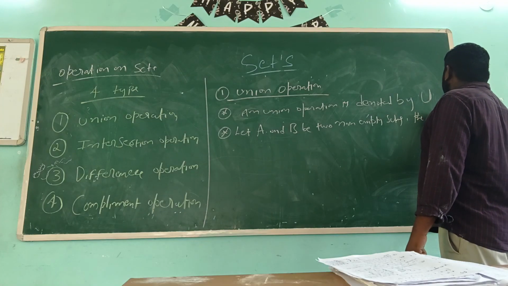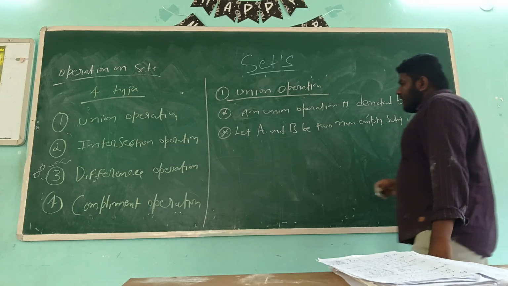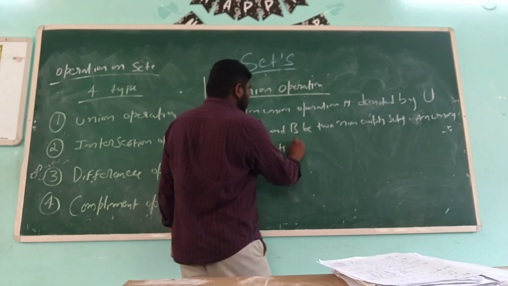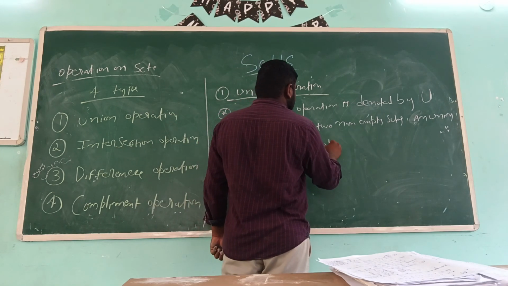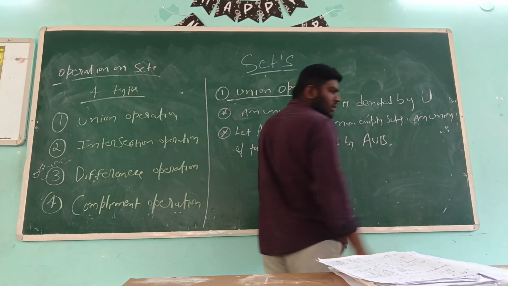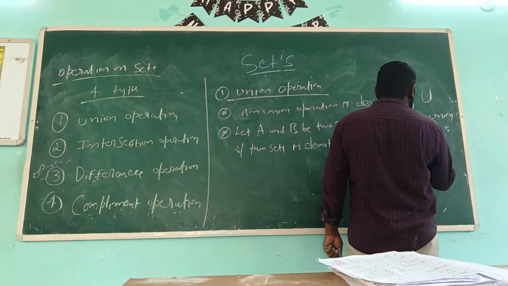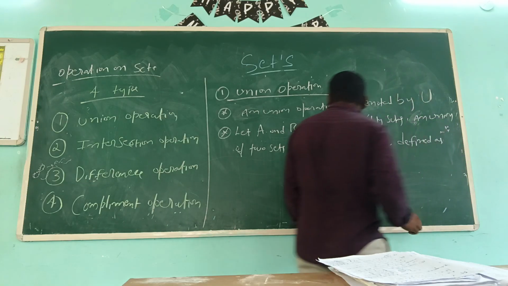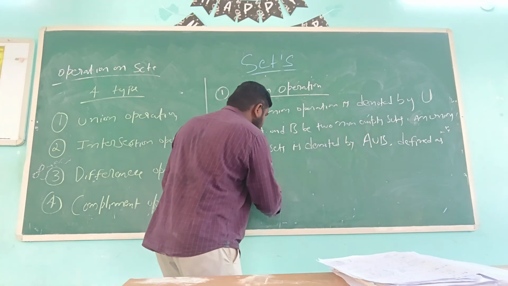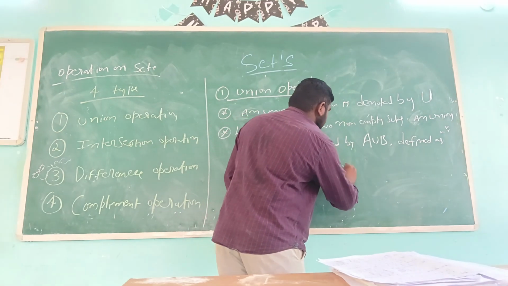The union of two sets is denoted by A union B, defined as A union B equals x belongs to A or x belongs to B. Understood?